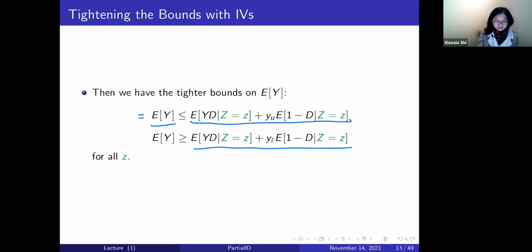Because EY by assumption equals EY given Z equals little z, and EY given Z equals little z is bounded by this construction, for the same reason that EY was bounded by the construction we talked about before. This way, you obtain a set of conditional moment inequalities that can bound the parameter of interest.